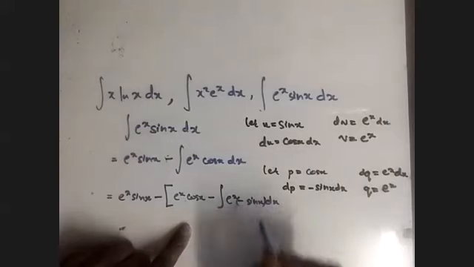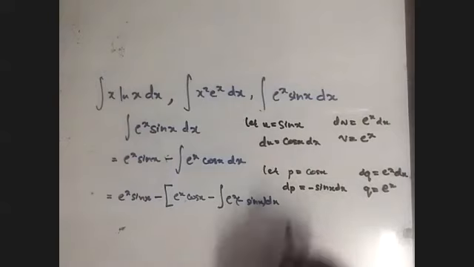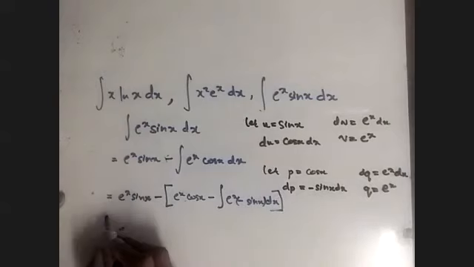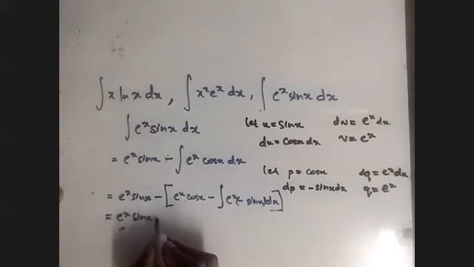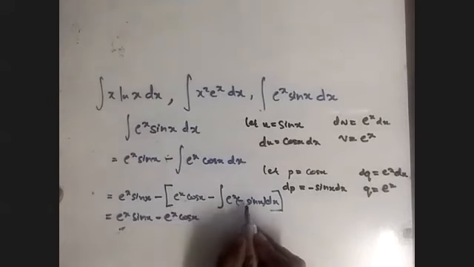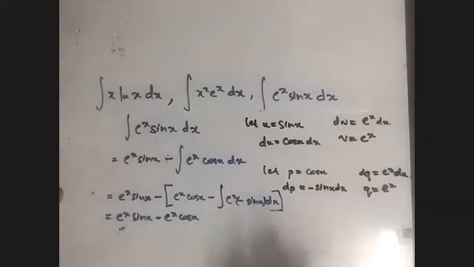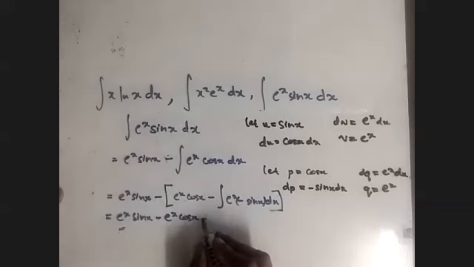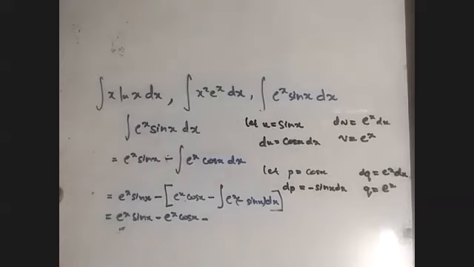So this is multiplication. What we are going to have is e to the x sine of x minus e to the x cos of x, and then we already have a plus. Do you see where this plus comes from? This times that becomes a plus, times this becomes a minus.